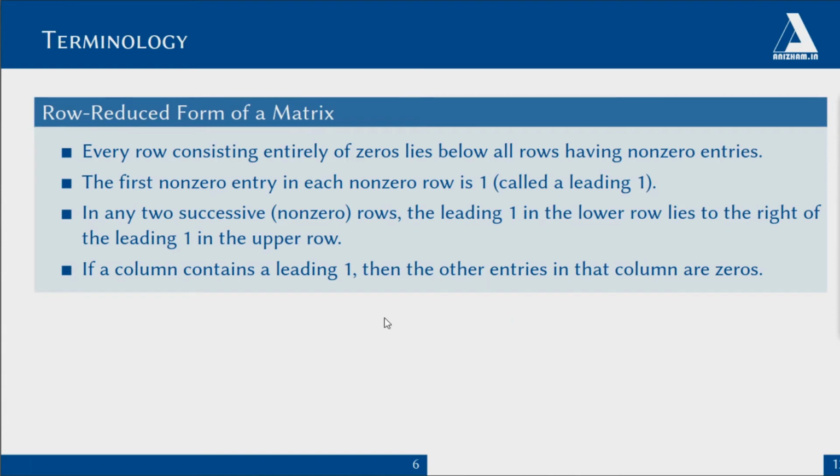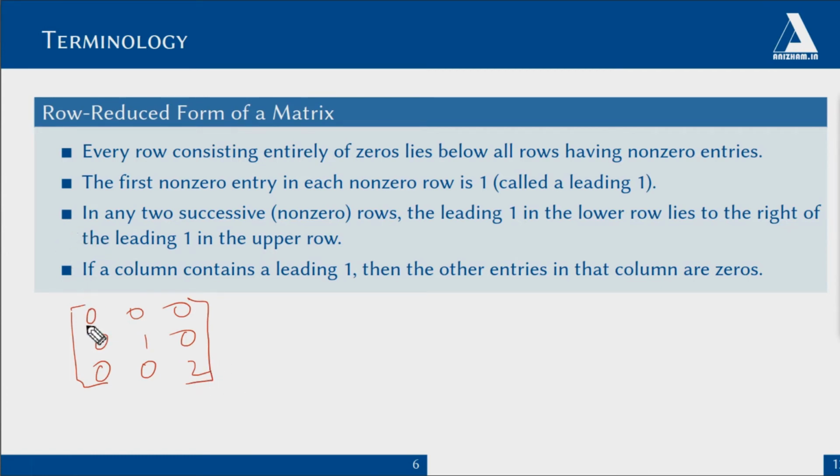I will write some matrices here which we can decide whether it is row reduced form or not. Say here 0 0 0, 0 1 0, 0 0 2. This is not a row reduced form of a matrix.